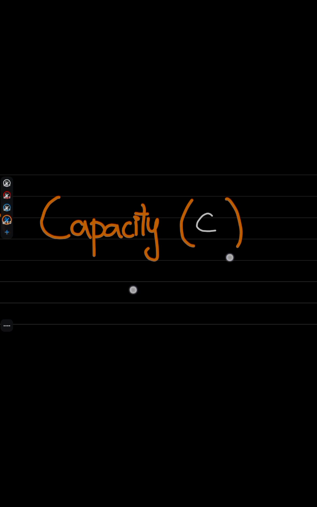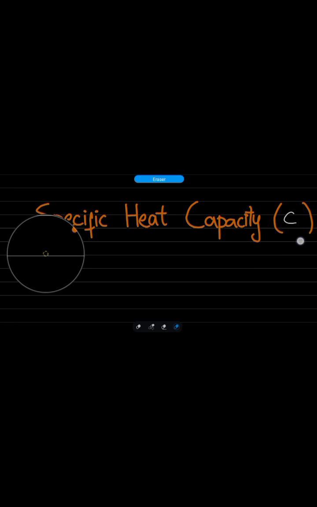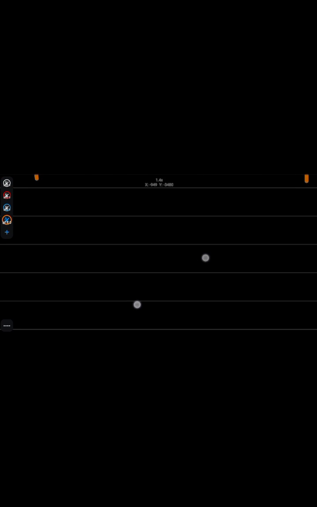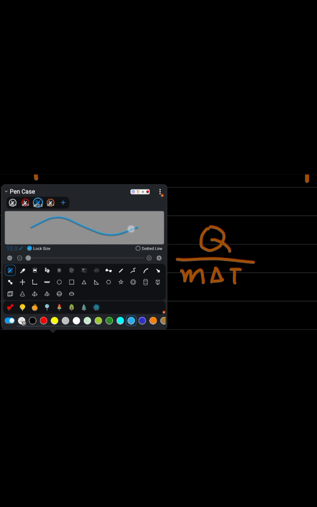So the formula will be small c is equal to Q, which is heat energy supplied, over m delta T, where c is the symbol to recognize specific heat capacity, m is the mass of the substance and delta T is the change in temperature. So this is the mathematical term for specific heat capacity.